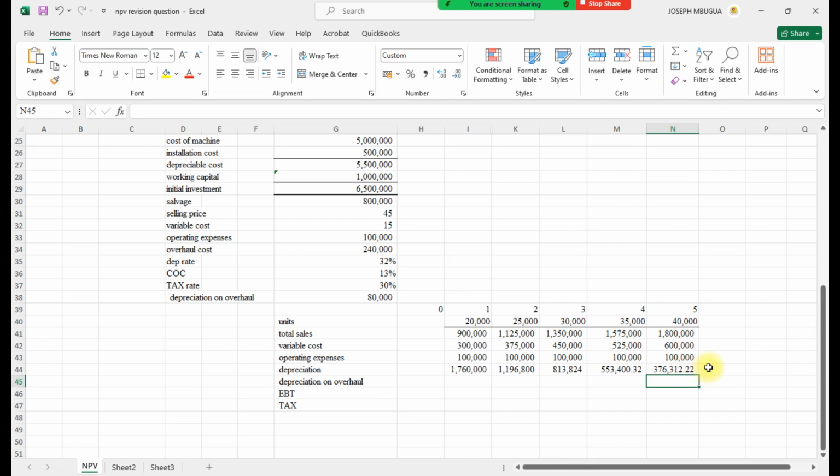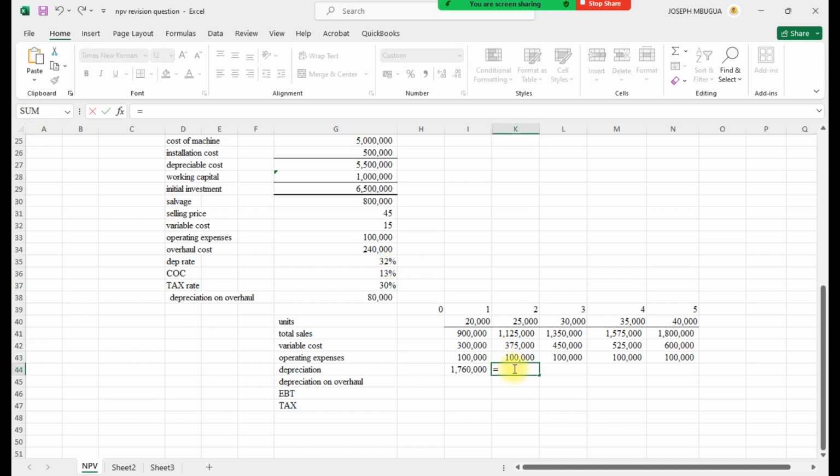Okay, so let me just repeat that. Remember, year 1 is direct. You have calculated depreciation based on cost, because in year 1 we don't have accumulated depreciation, we just take the depreciable cost and multiply by the depreciation rate.